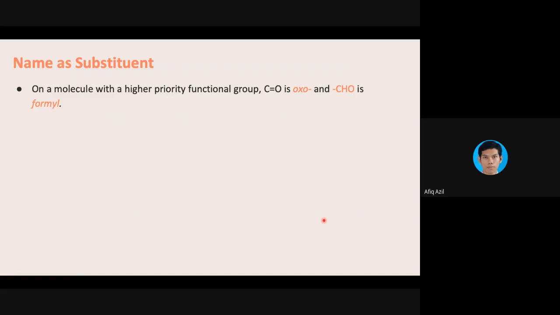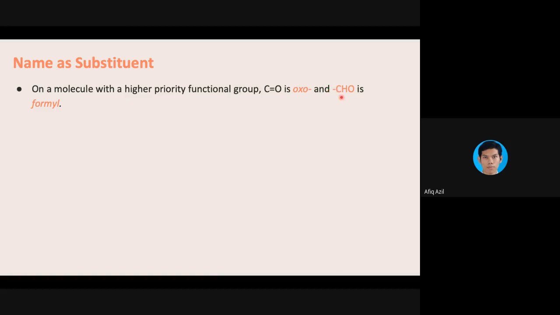But what happens if the C double bond O is a secondary substituent? On a molecule with a higher priority functional group, C double bond O and C double bond OH will be the secondary substituents, so they have their own names. If it is C double bond O, the name will become oxo.